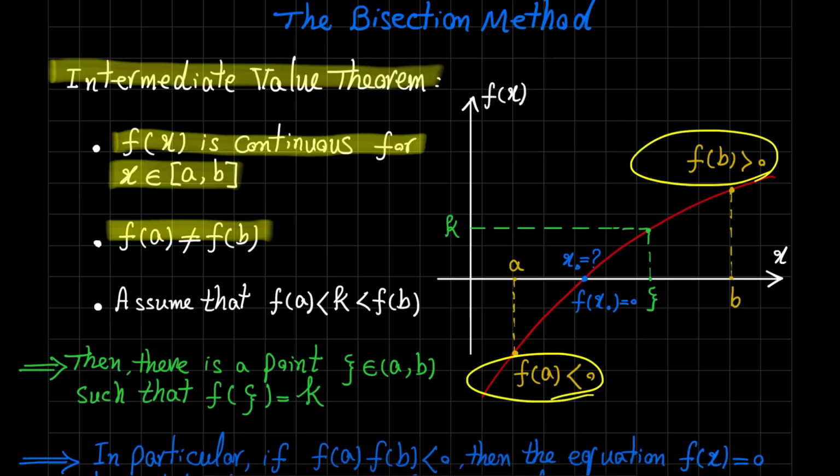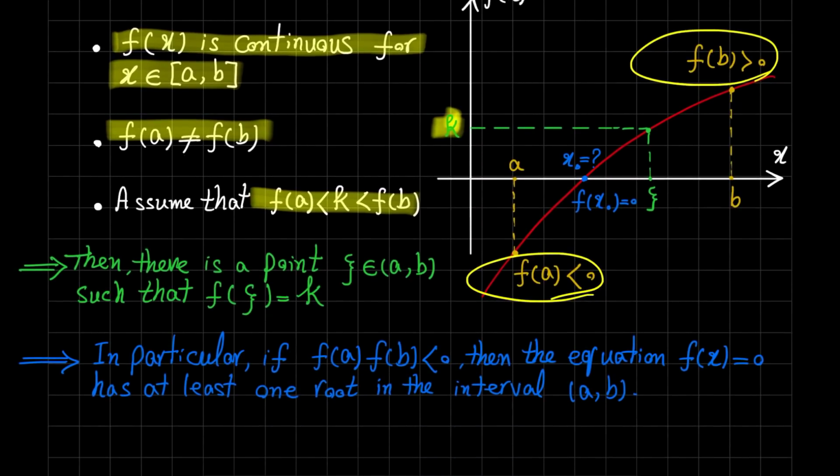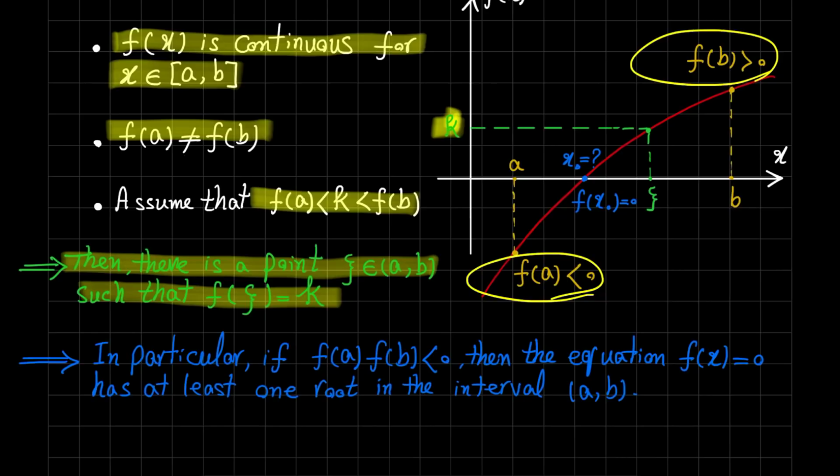And the third assumption is that we can have a point k which is between f(a) and f(b). So you see the point k here, and it is between f(a) and f(b) because the red curve function f(x) is continuous. So given these assumptions, there is a point psi between a and b, such that f(psi) equals k.